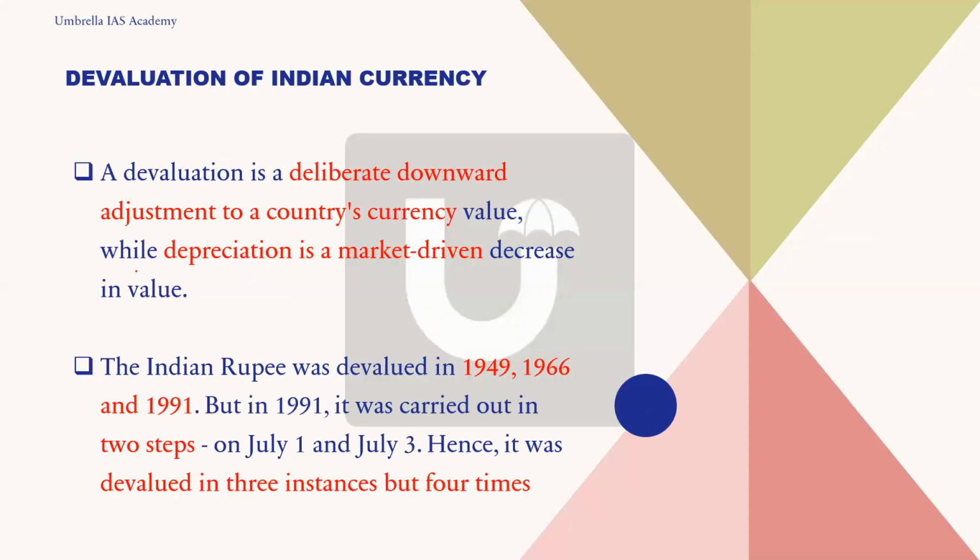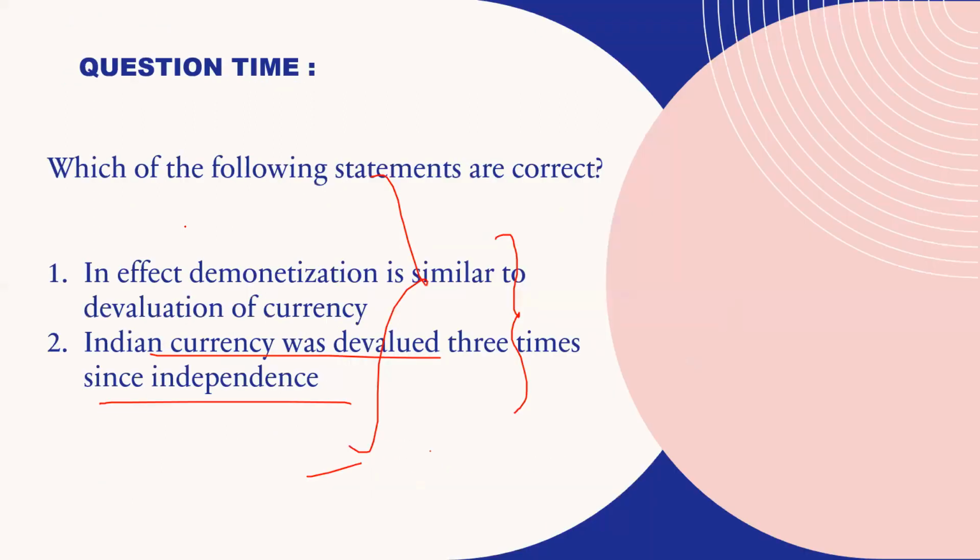I'll discuss here. So devaluation, I think you have an idea about devaluation and depreciation. Tell me again, what is the one keyword which differentiates devaluation and depreciation? Yes, deliberate, and the opposite is market.